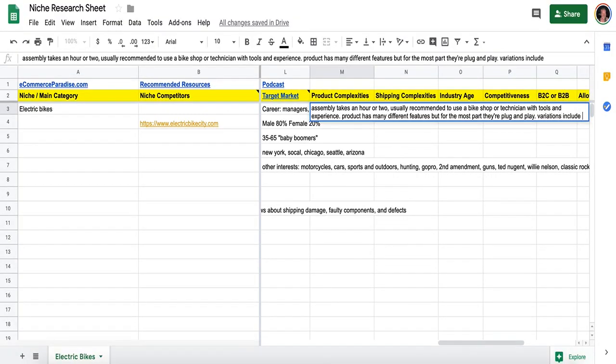Variations include color, size, speed, let's say voltage, wattage. I know the motors come in different watts. Displays. There's lots of different specs that each one has. Various other specs.